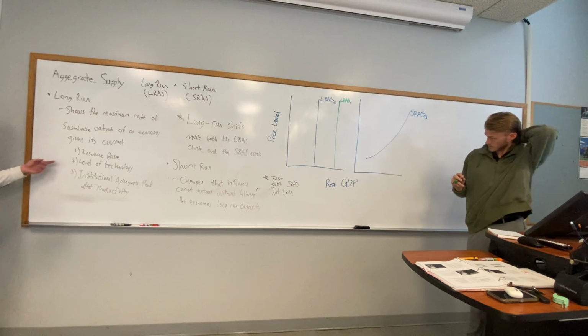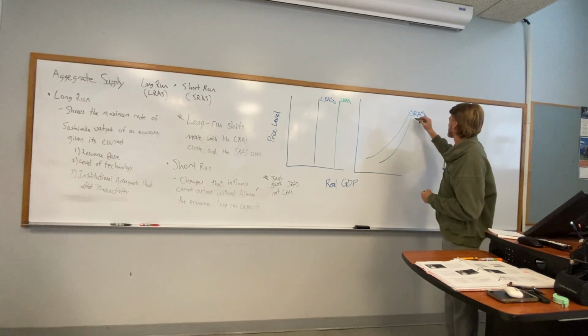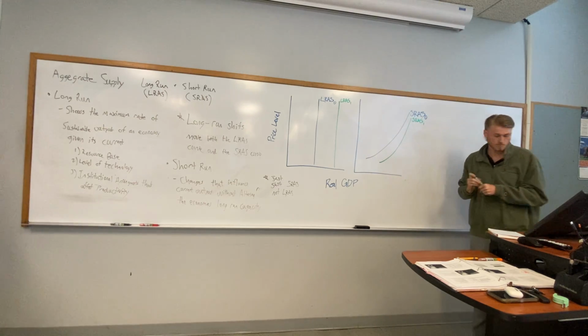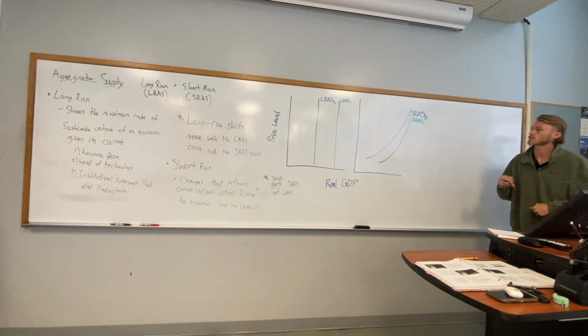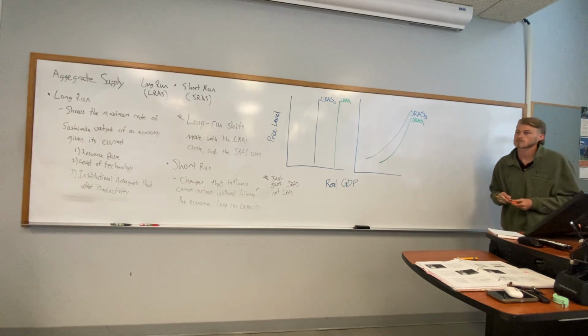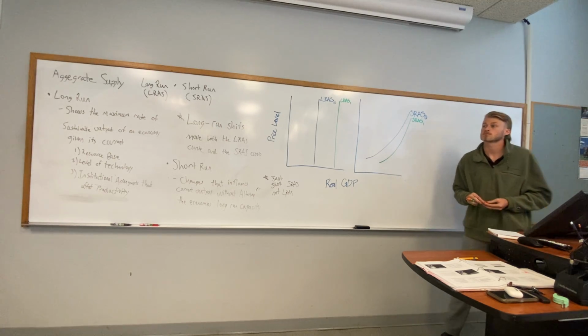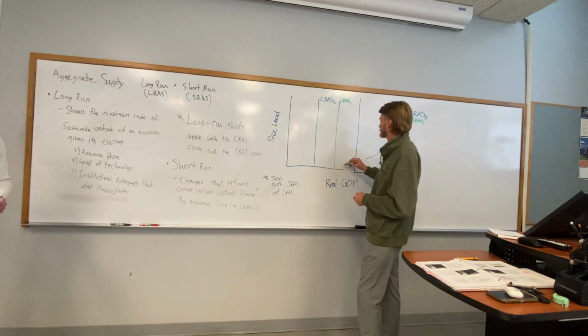And then there's level of technology in your economy. If there's a new technological advancement, let's talk about the iPhone. The iPhone came out, and in our economy, we had our long run aggregate supply there. When the iPhone came out and kind of changed the world, where would long run supply move? Probably shift to the right? Different technological advances help make our economy better and help increase our output, which is our real GDP there at the bottom.